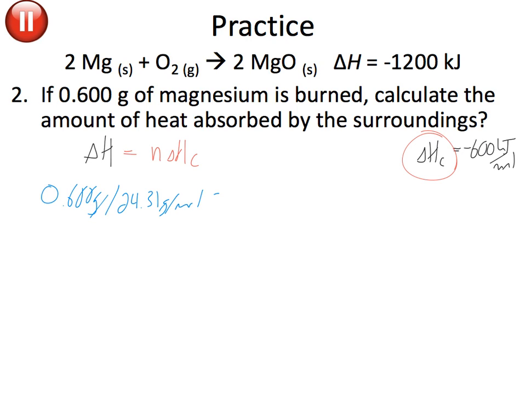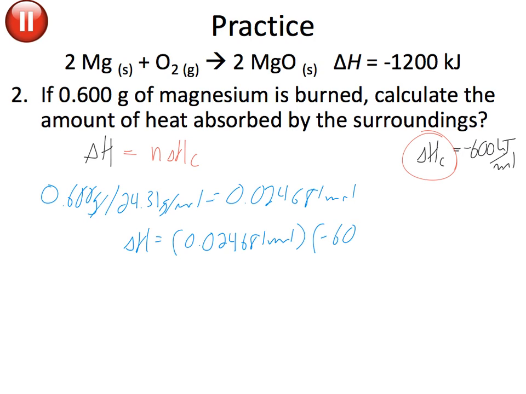Our grams will cancel out, and we'll be left with 0.024681 mole. Okay, so that's our n value. So to figure out our delta H is simply n times delta H_C, so 0.024681 mole multiplied by negative 600 kilojoules per mole.